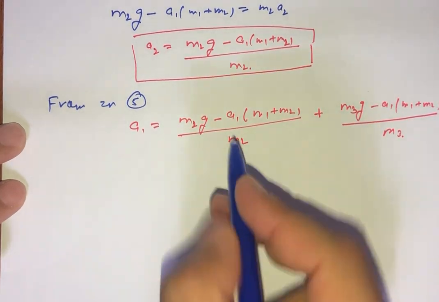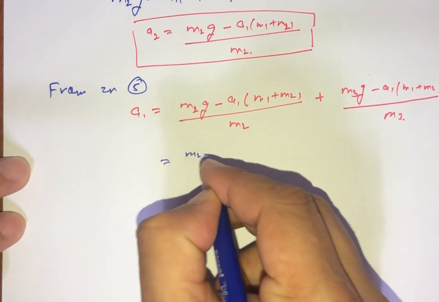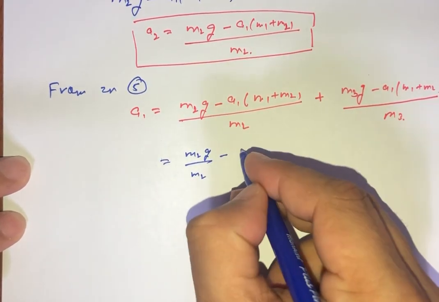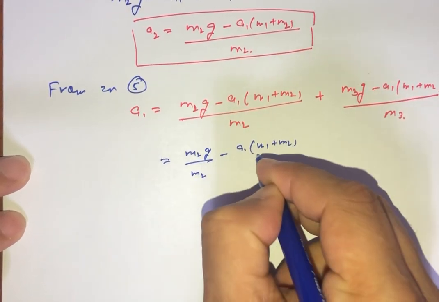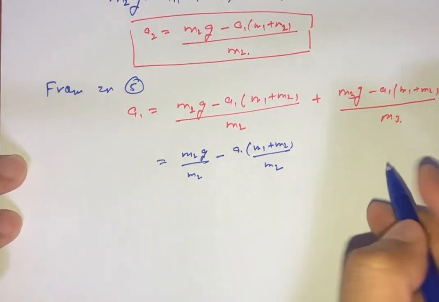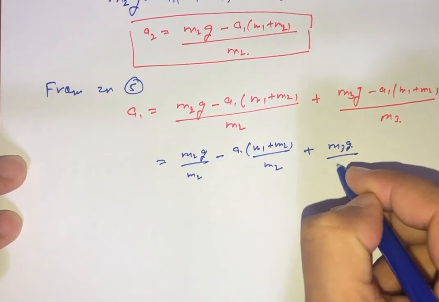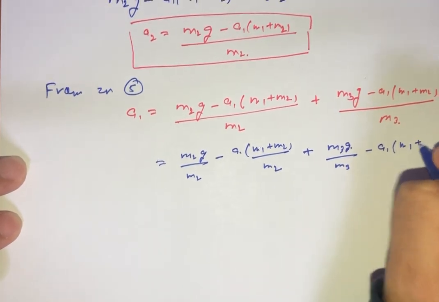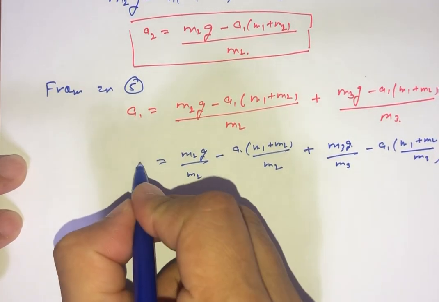Now we solve this. This is quite easy now. We write this as m2 g divided by m2 minus a1 (m1 plus m2) divided by m2 plus m3 g divided by m3 minus a1 (m1 plus m2) divided by m3.